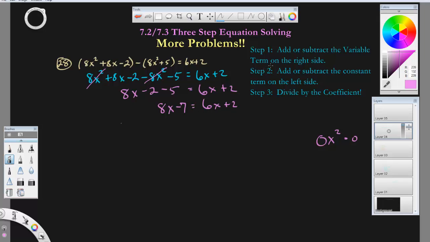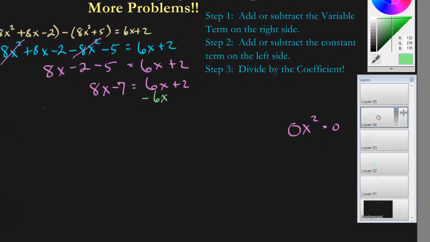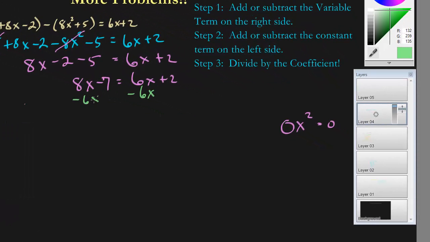Let's apply the rules and do it. Step 1 says I add or subtract the variable term on the right side. So this is my variable term. It is positive. So I am going to subtract 6x from both sides, and I get 2x minus 7 equals 2.